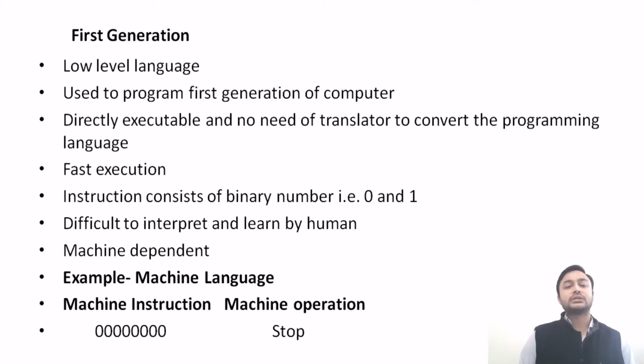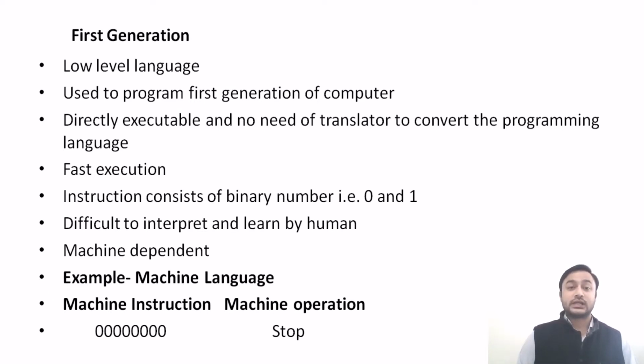Machine language is directly executable and there is no need of a translator, because the computer understands only machine language. So there is no need of any translation for that.